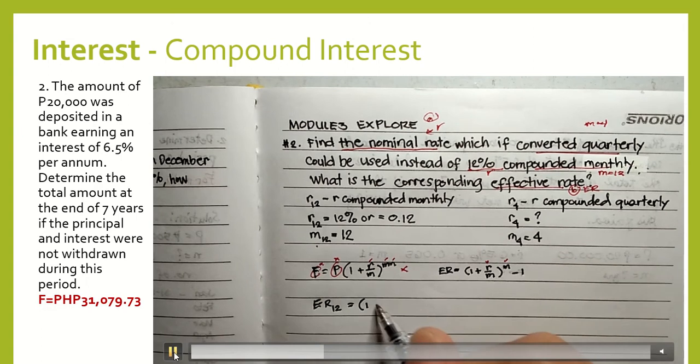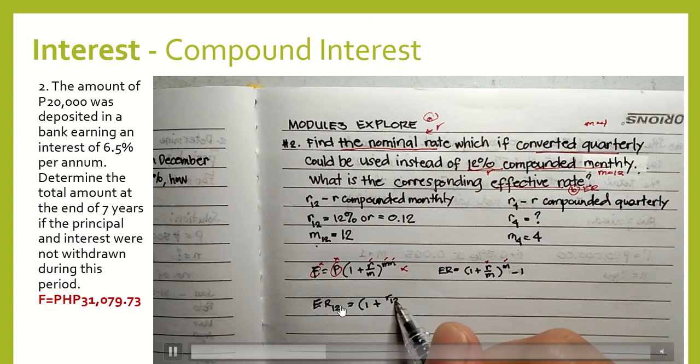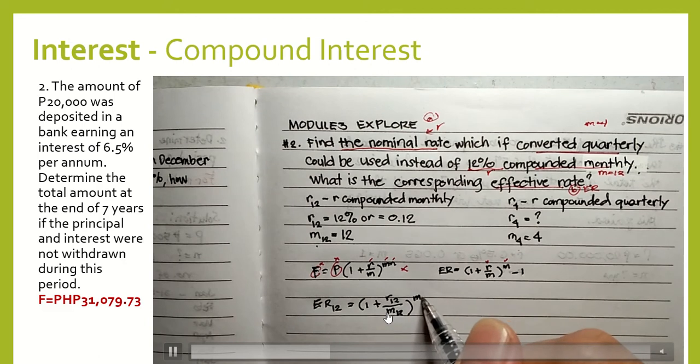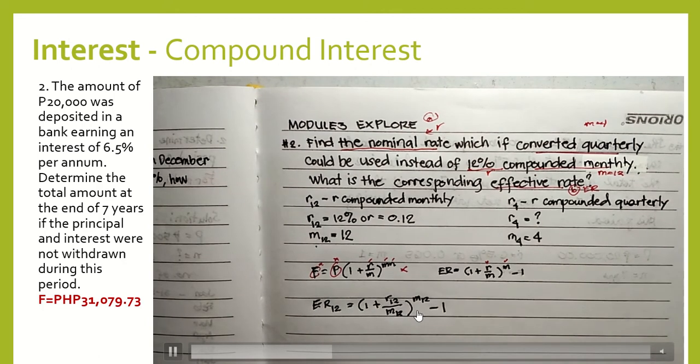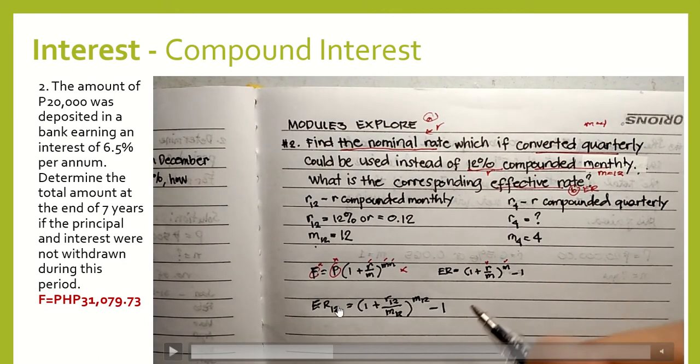The ER for compounding monthly, using this equation, is the quantity of 1 plus R sub 12 over M sub 12, raised to power M sub 12, minus 1. So I use ER sub 12, which means we will find an effective rate at a nominal rate compounded monthly. We have 12 compoundings in a single year since the compounding is monthly. Remember that ER is the exact rate in 1 year.